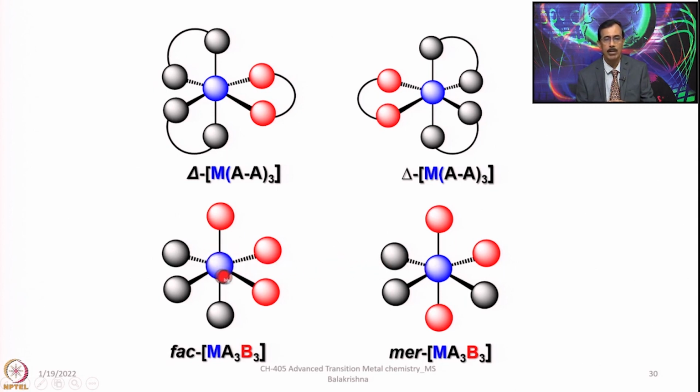Here all 3 ligands are in one plane, so this is called facial, but in this case one set of ligands is in a different plane, as a result they are called meridional complexes. That means even in octahedral complexes we can come across cis and trans geometries, facial and meridional geometries, and also optical isomerism.